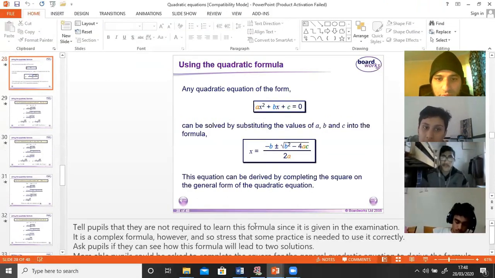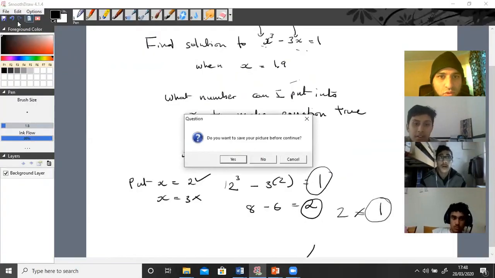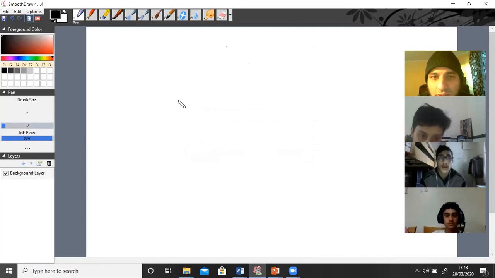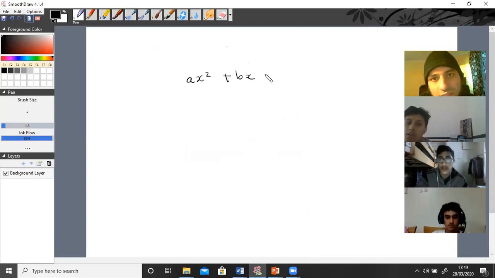If we look back at our drawing program, can everyone see the whiteboard? Yeah. So a quadratic equation looks like this: x squared plus bx plus c.